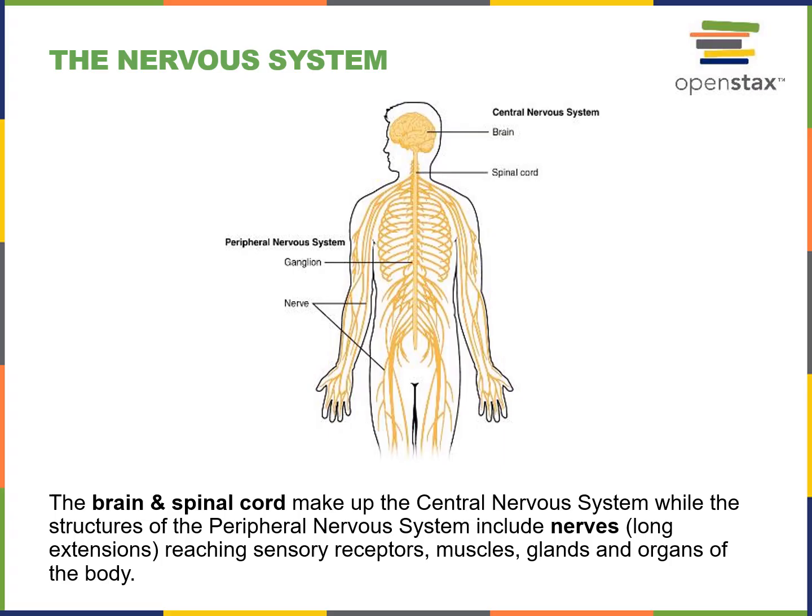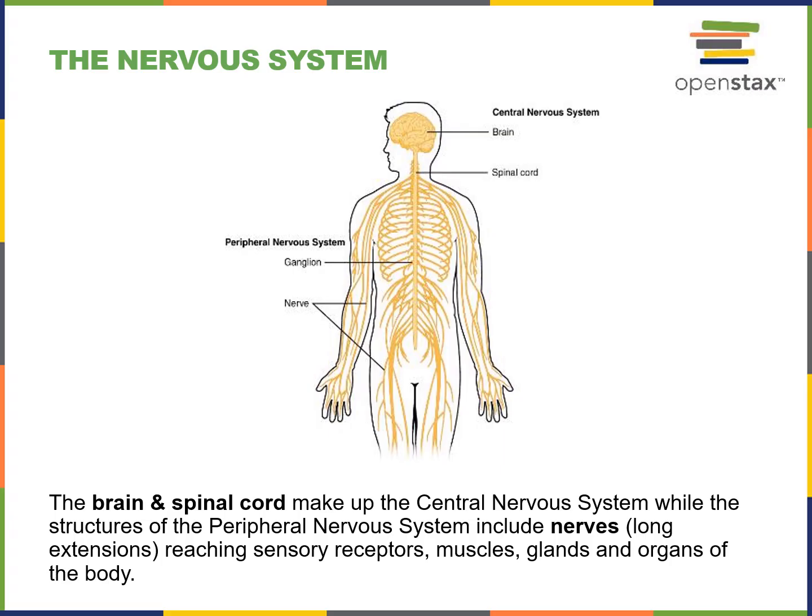So this first narration will give you a general overview of how the nervous system is organized and a little bit about how it functions. So we're going to cover divisions of the nervous system.